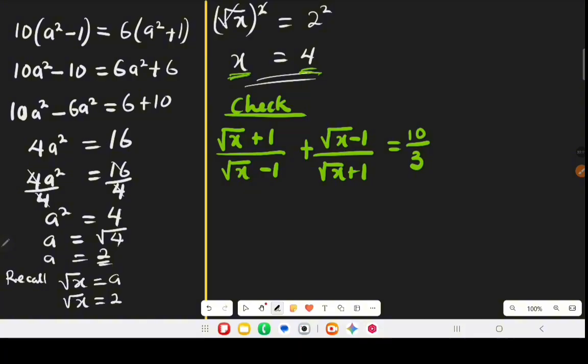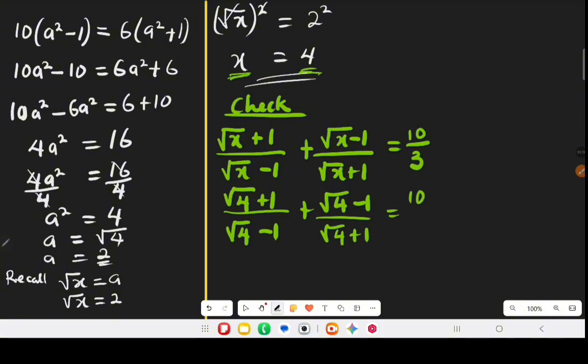Then this will change to root of 4 plus 1 all over root of 4 minus 1 plus root of 4 minus 1 all over root of 4 plus 1 equal to 10 all over 3. Root of 4 will give us 2 plus 1 all over 2 minus 1 plus 2 minus 1 all over 2 plus 1 equal to 10 all over 3.